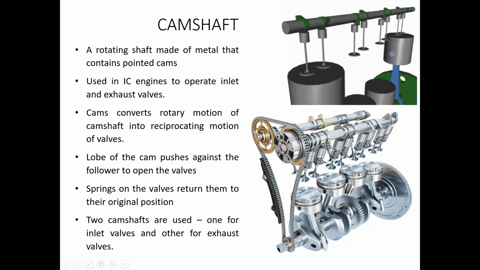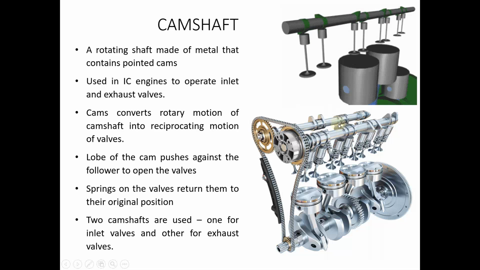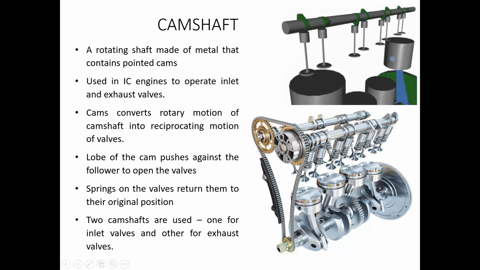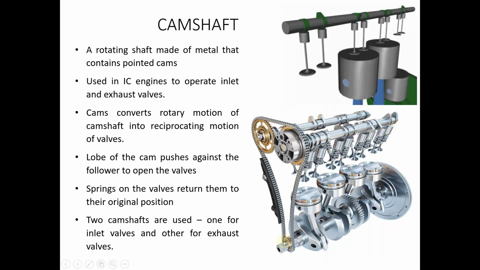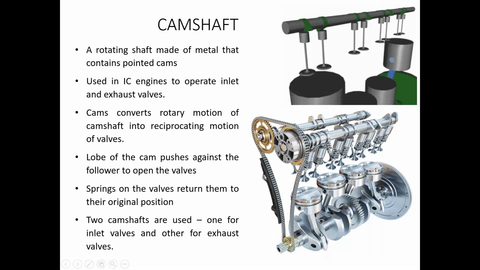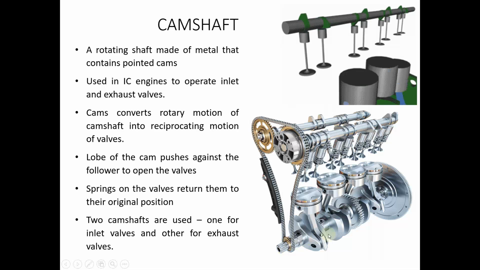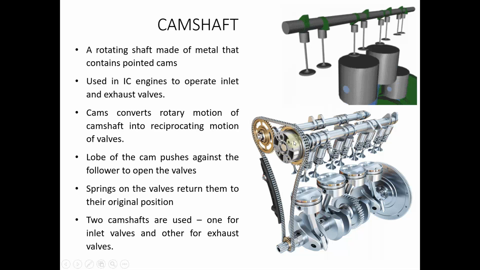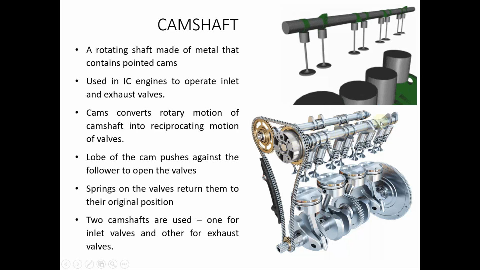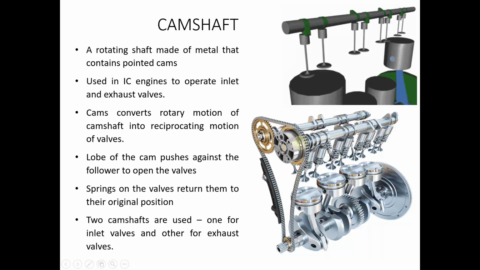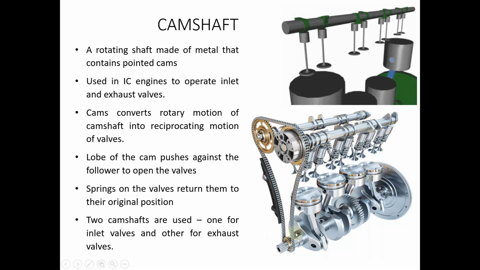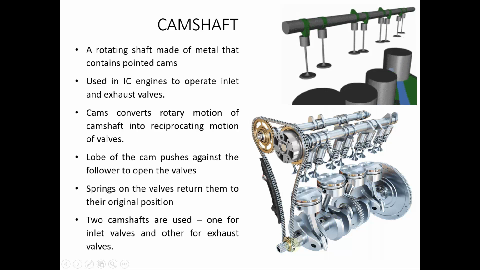These camshafts are usually run at half the rotational speed of the crankshaft. So if the crankshaft is rotating at say around 1500 rpm, the camshaft is adjusted to run at 750 rpm. Usually that is the ratio. Camshafts usually run at 1/2 the rotational speed of the crankshaft.